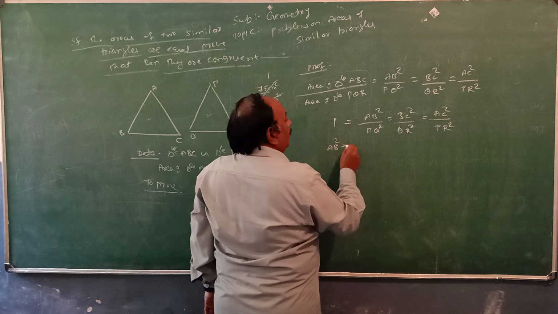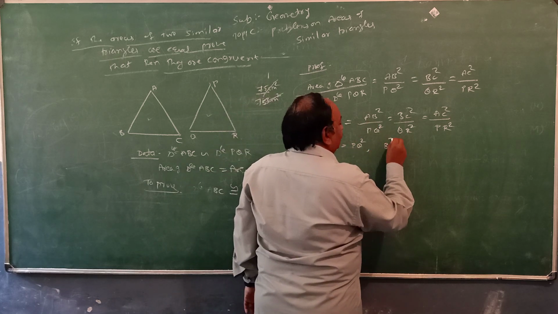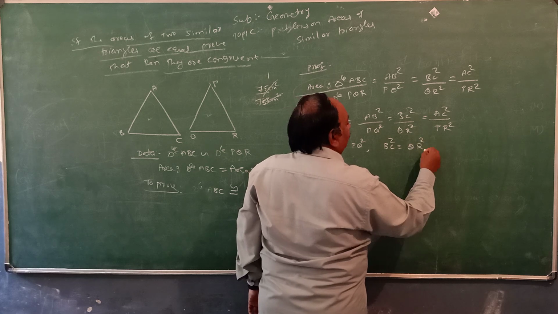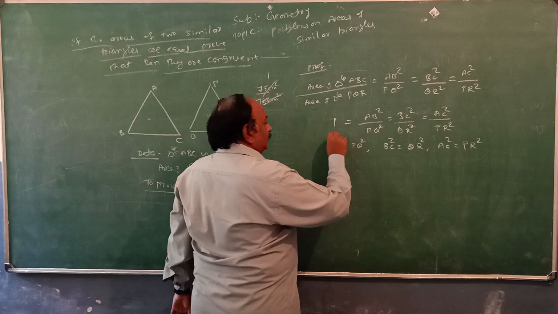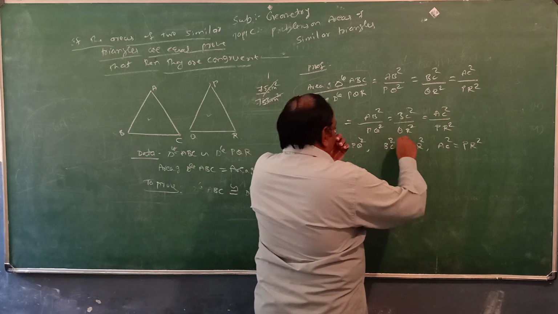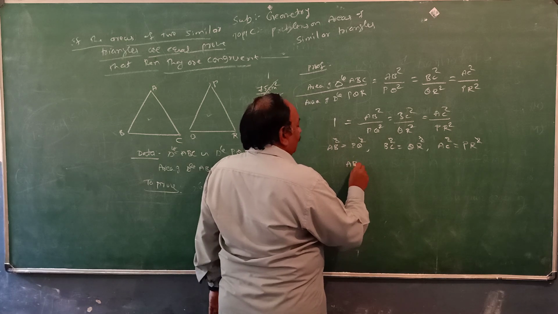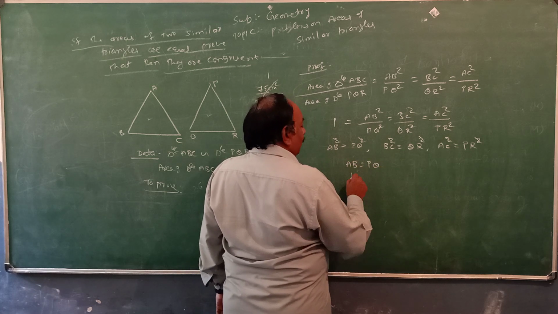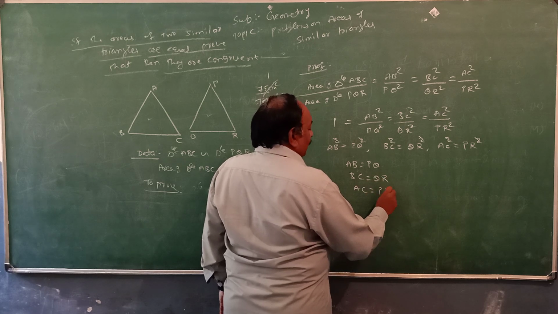That is, AB square is equal to PQ square, BC square is equal to QR square, AC square is equal to PR square. Square and square cancel in each. Therefore, AB is equal to PQ, BC is equal to QR, AC is equal to PR.